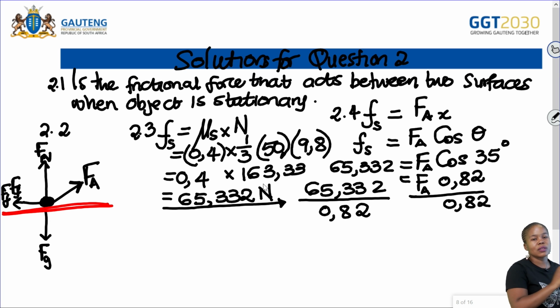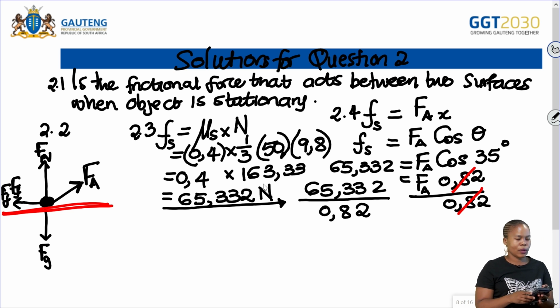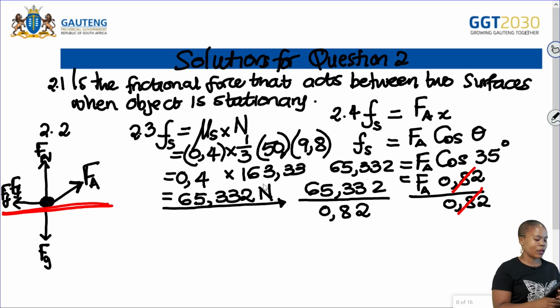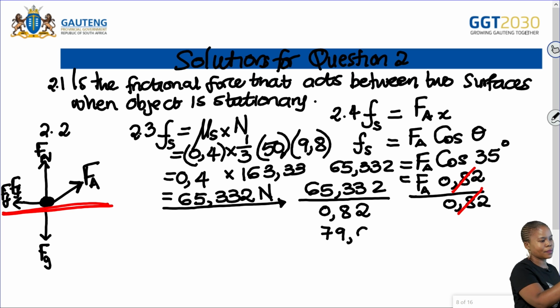Why are we doing that? So that we are able to find the magnitude of your Fa. That will cancel that one. So now we have 65,332 divided by 0,82, which gives us 79,67.